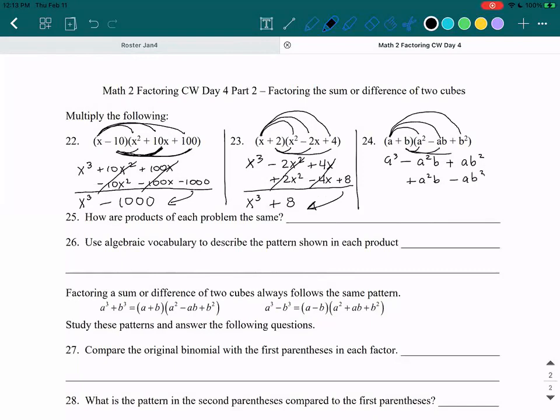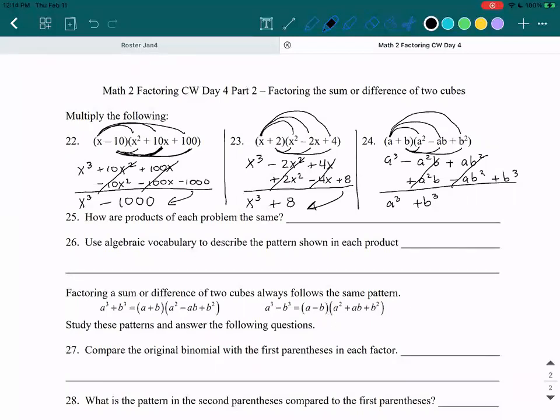Last but not least, b times b squared gives us plus b cubed. And so all in all, these cancel, we are left with a cubed plus b cubed. Okay, so it actually nicely works out that we get perfect cubes in our answer.